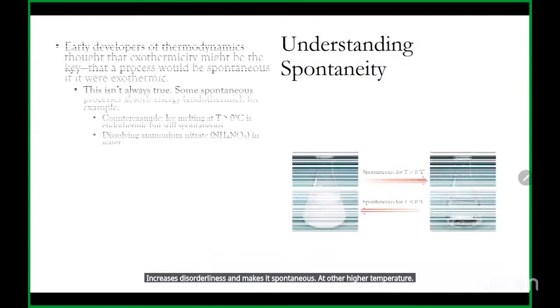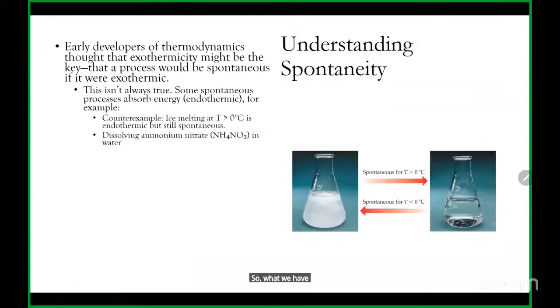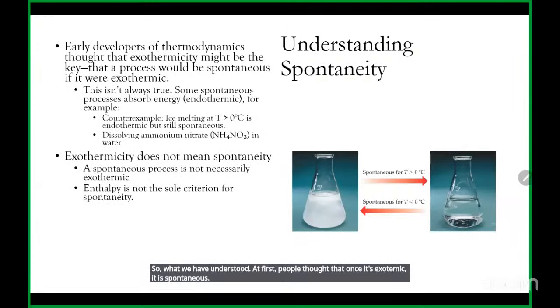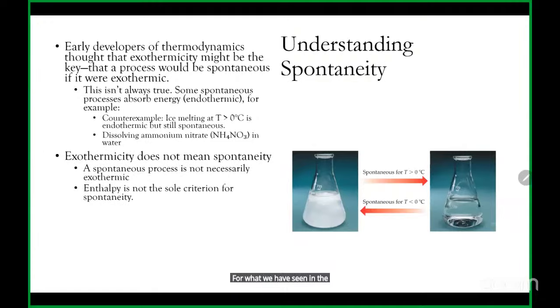So what we have understood, at first, people thought that once it's exothermic, it is spontaneous. But what we have seen in the example so far is that even when you're going in the other direction, the endothermic direction, depending on your condition, you can still have a spontaneous process.